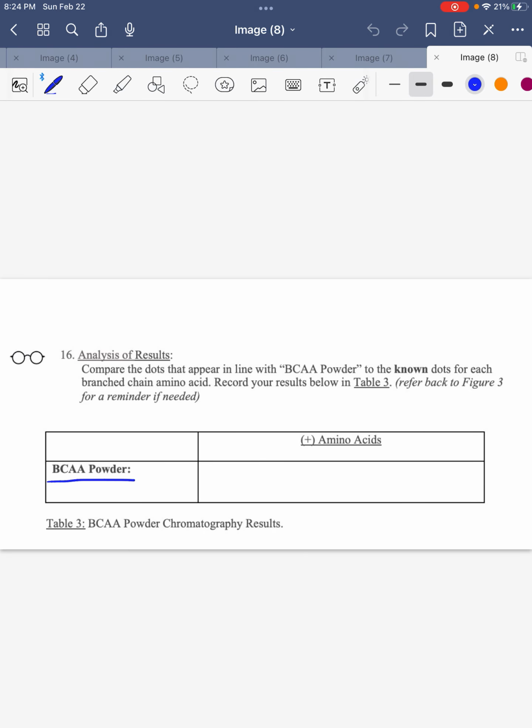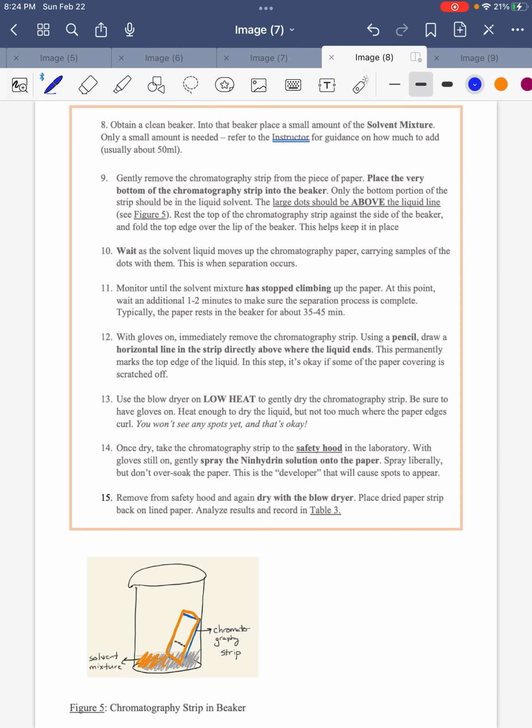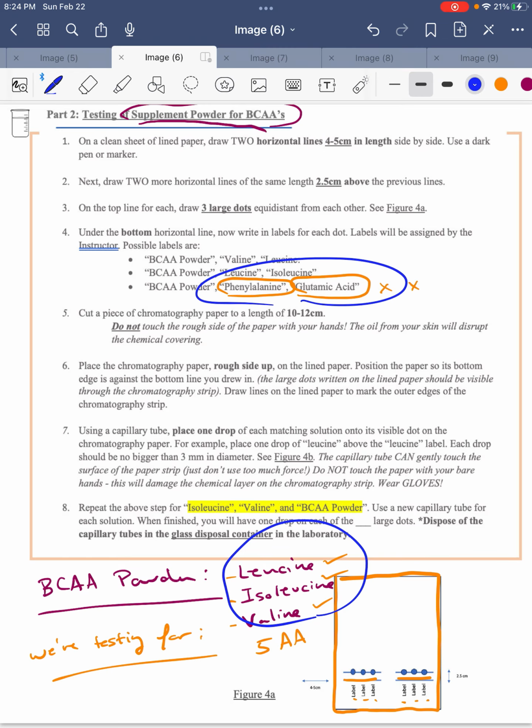This is our supplement. And out of those 5, you're going to write down what it tested positive for. These are real results. And by the way, we only threw in phenylalanine and glutamic acid just because we happened to have them in the lab for controls. There wasn't really a rhyme or reason. It wasn't really thought of in advance.